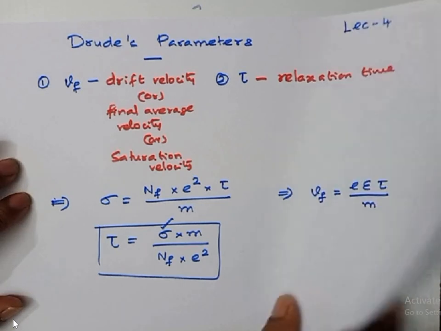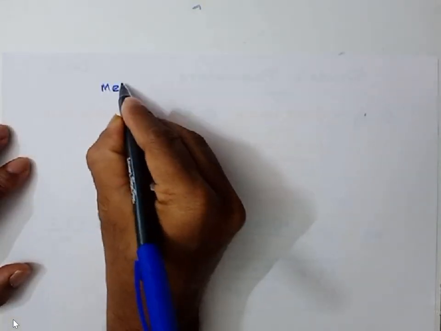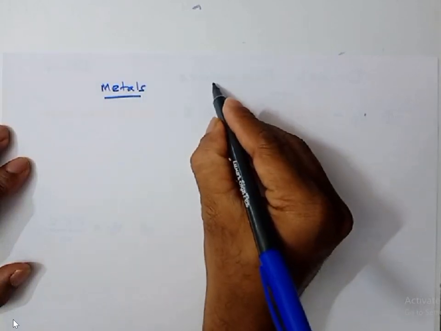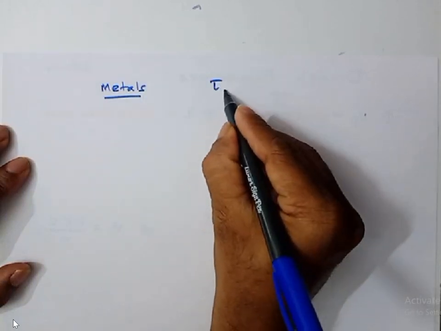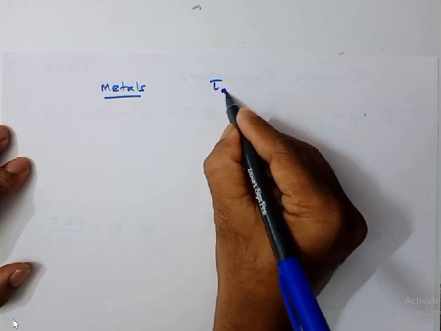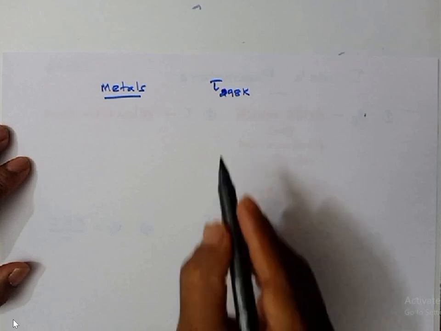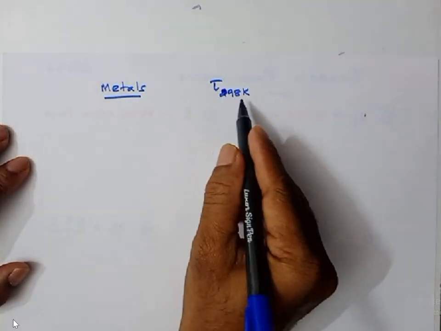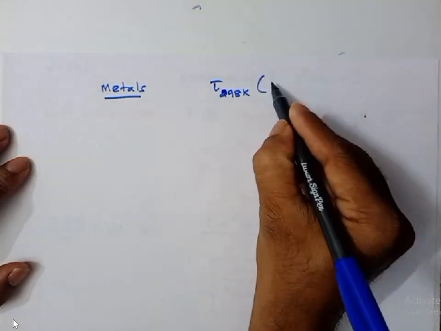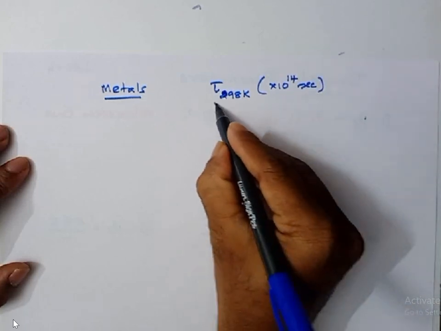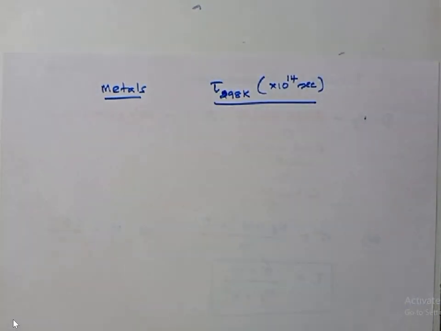So, metals and the value of tau at 290 Kelvin. Tau is the relaxation time. I'm going to give the values at 290 Kelvin in units of 10 power minus 14 seconds.